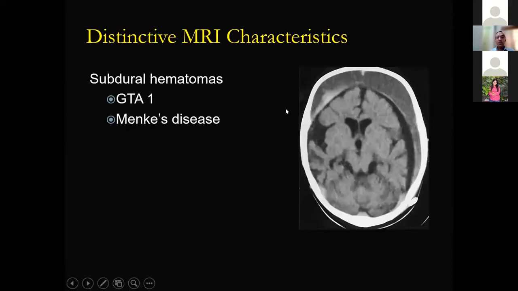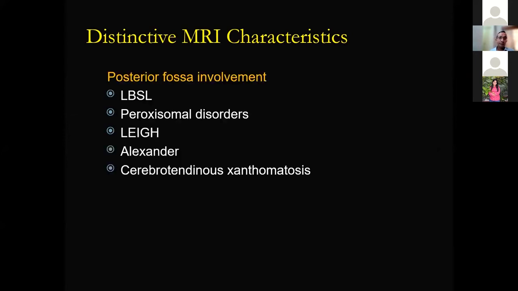Look for subdural hematomas in these conditions, which may be seen in disorders like glutaric aciduria or Menkes disease, but always rule out child abuse in cases of subdural hematomas.